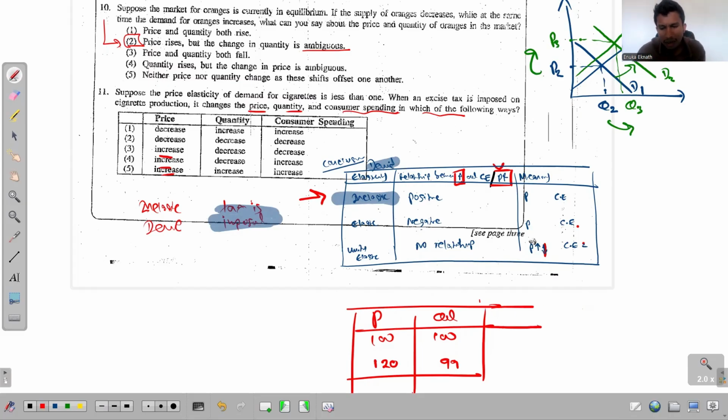Right, now let's calculate and see the consumer spending. So initially the consumer spending is just 10,000 and the new consumer spending is 120 multiplied by 99. That will be 11,880. See what has happened. The price has increased, the quantity has decreased, but however the consumer spending has increased.